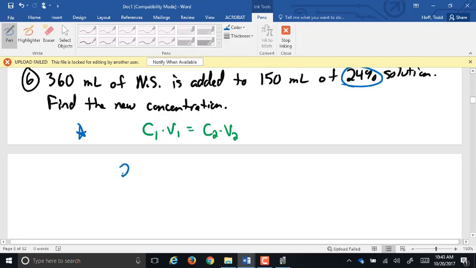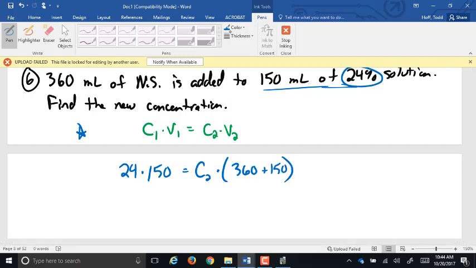So we'll do it with the 24%, times what's the volume that links with the 24%? 150. The new concentration is what we're looking for, C2, times the volume, which is going to be, careful, 360 plus 150. It's been added to it.